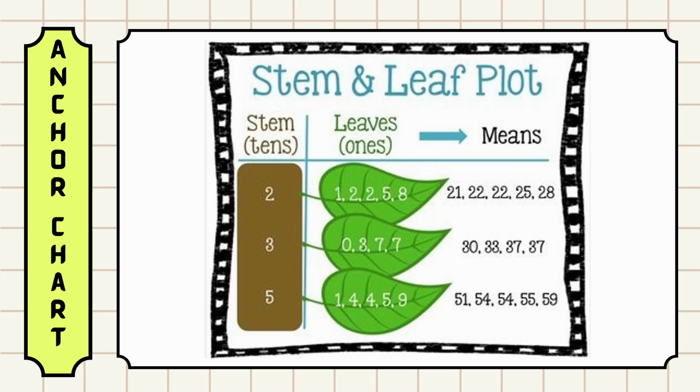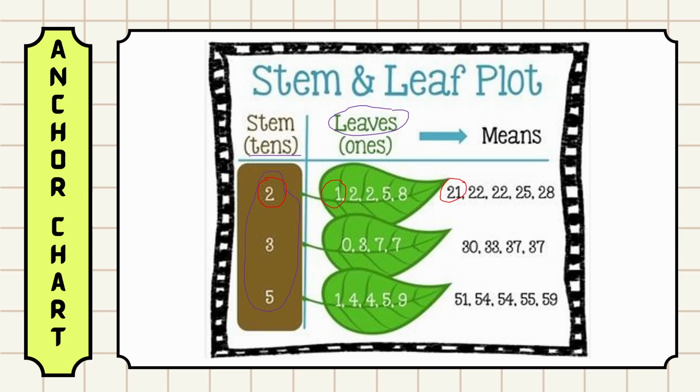So in this stem and leaf plot, over here are the stems, and these are representing the tens place. And then we've got the leaves that represent the ones place of the number, okay? So if you look right here, all of these are different numbers. The first number is 21 right here.